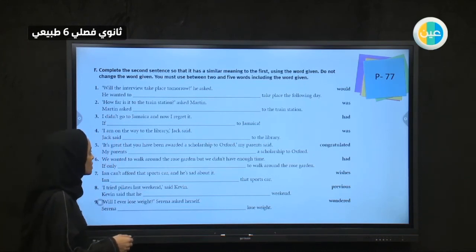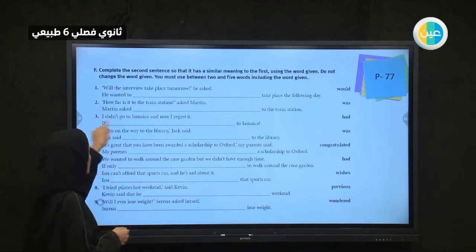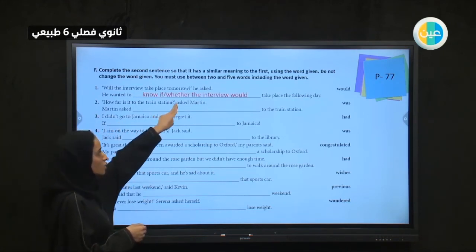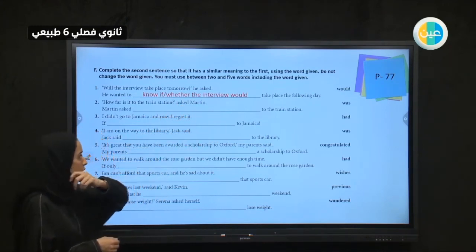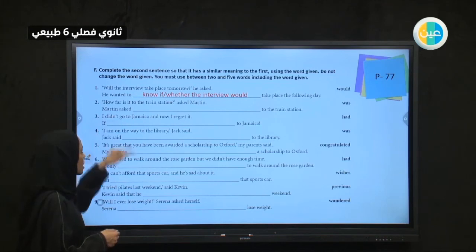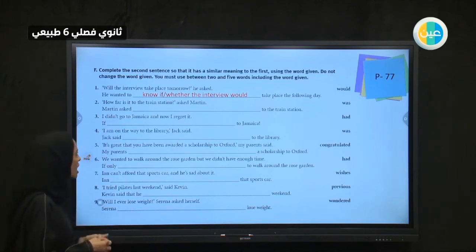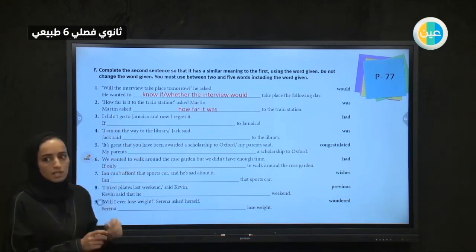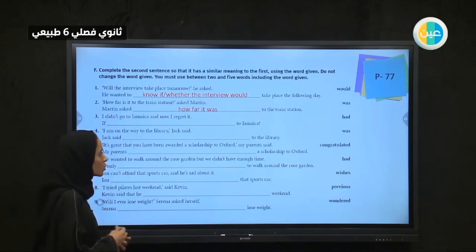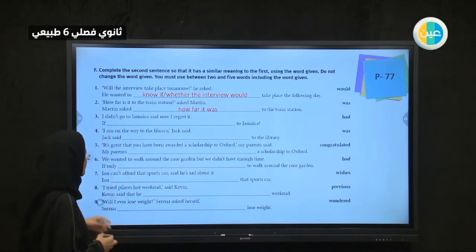Will the interview take place tomorrow? Let's use would: he wanted to know if or whether, a yes/no question, the interview would take place tomorrow. How far is it to the train station? A question: Martin asked how far it was to the train station.